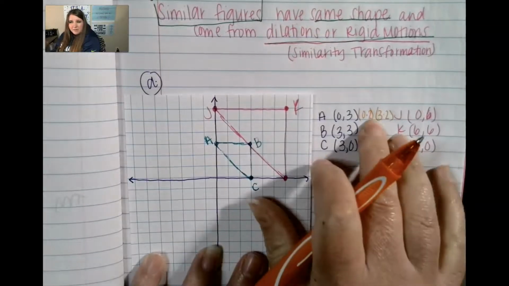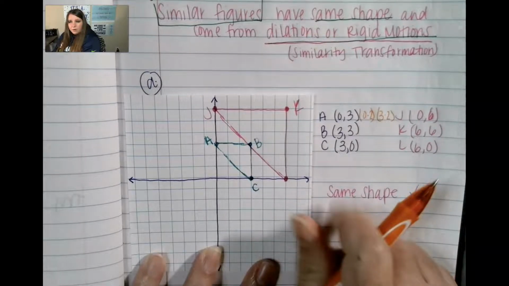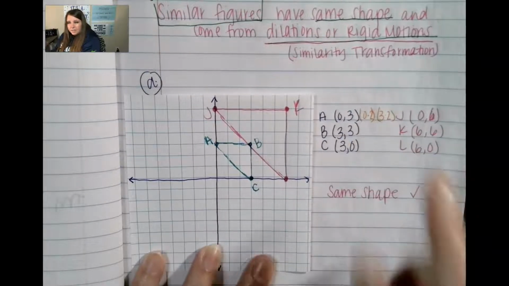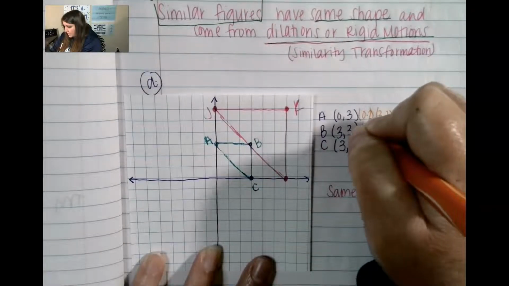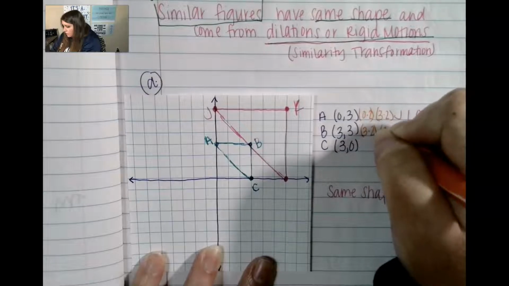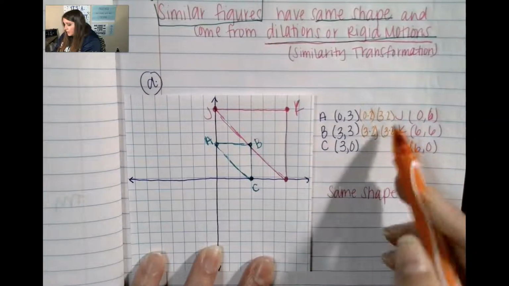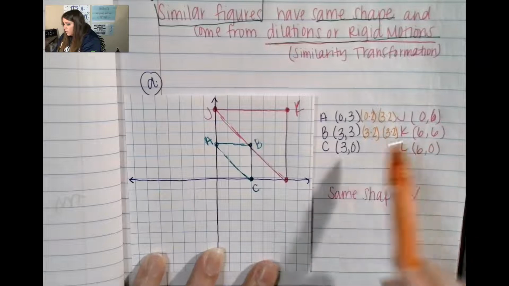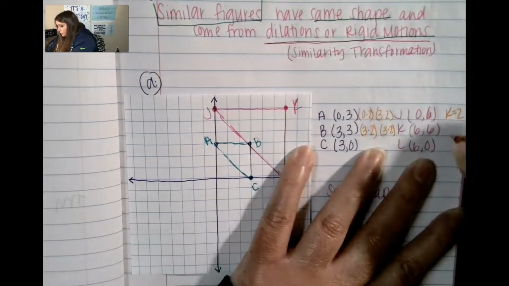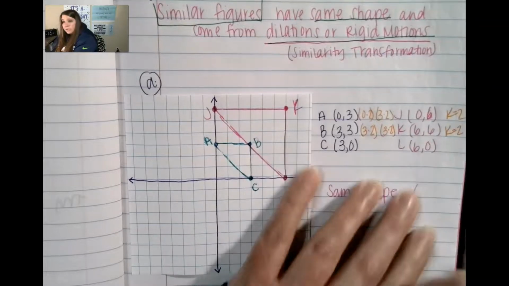Let's check this one: 3 times what gives us 6? It looks like this is a scale factor of 2. And 3 times 2 is 6, so again another scale factor of 2. So far, this one has k equals 2, and this one has k equals 2.